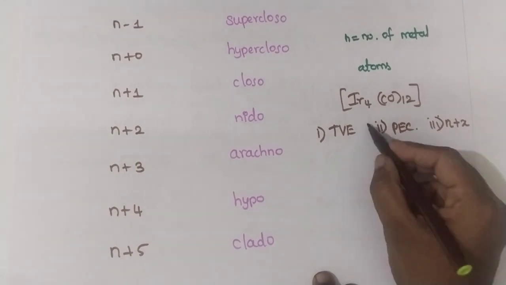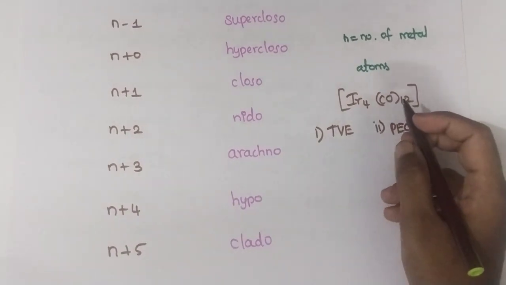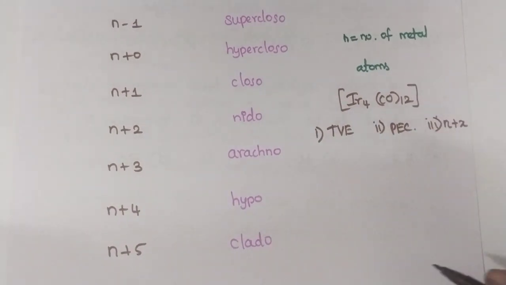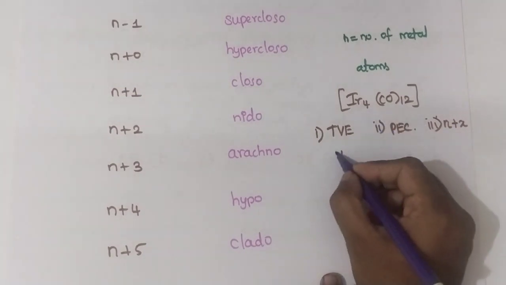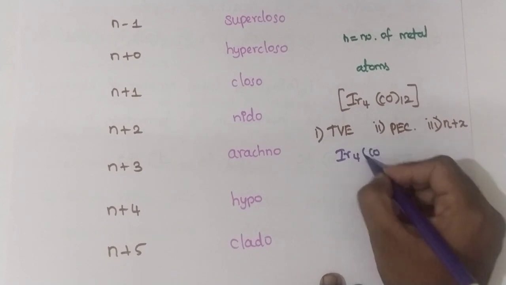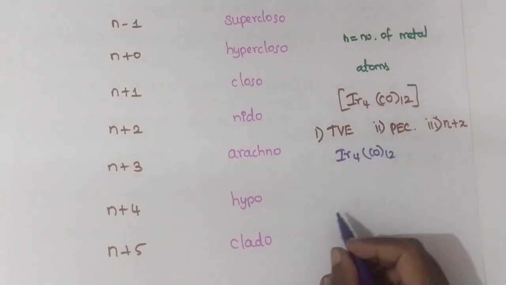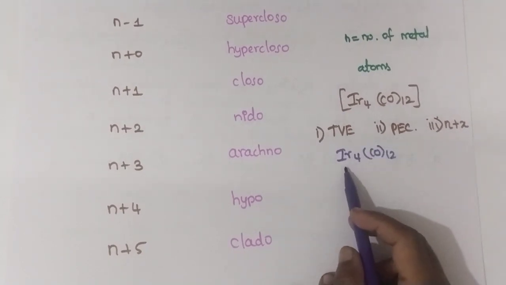Okay. See, you can take a simple example, Ir4(CO)12. In this case, you have to find out the total valence electron count. How can you find it? Here it is iridium 4, CO 12. So what's the valence electron count of iridium? Iridium comes under the cobalt family, right?